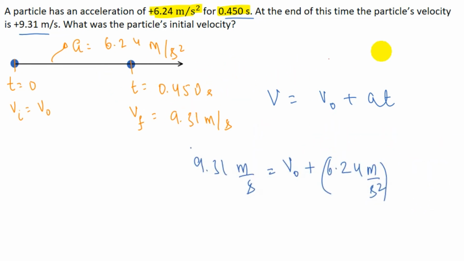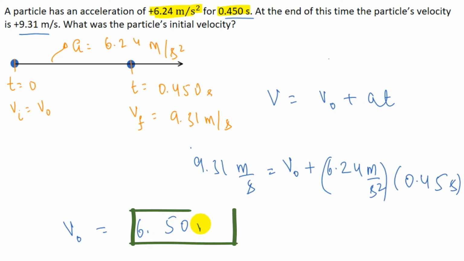So time we have 0.45 seconds. Now from here we can easily calculate this v0. So v0 would be equal to 6.50 meters per second. So this is the answer.